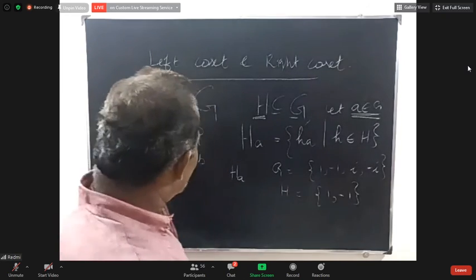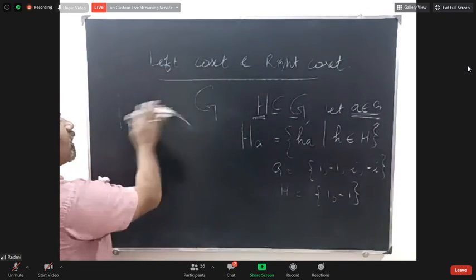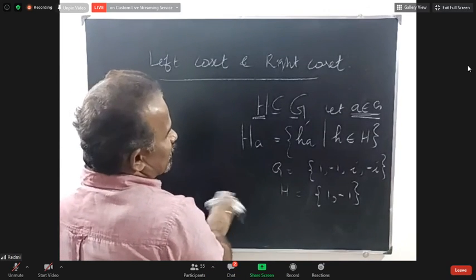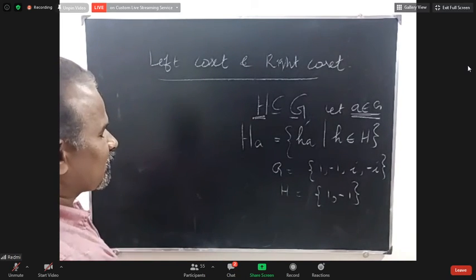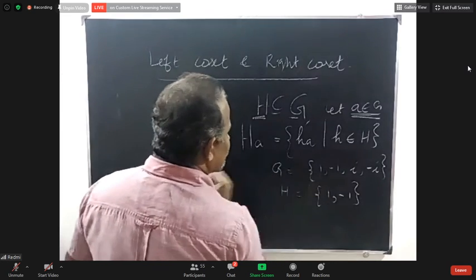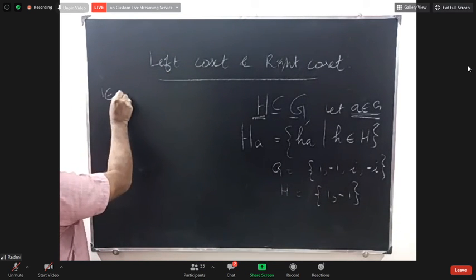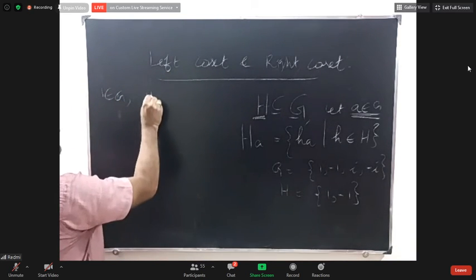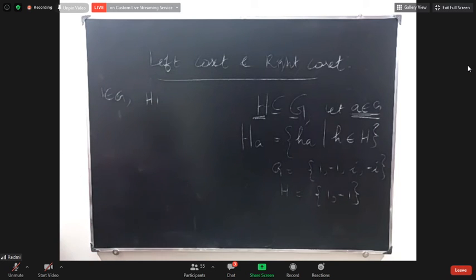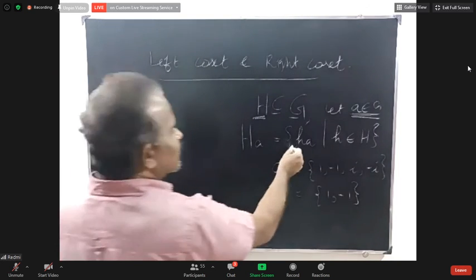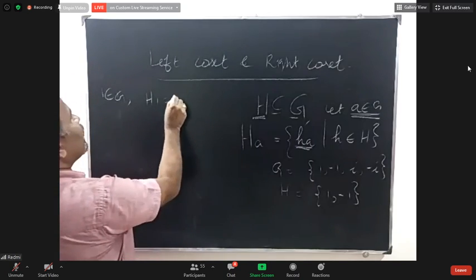Now I am going to construct the right cosets. For each element A belonging to G, I can take the right coset HA, the set of all h times a.